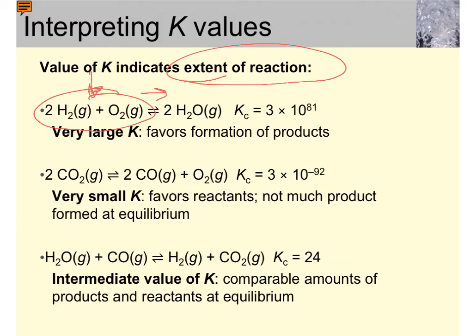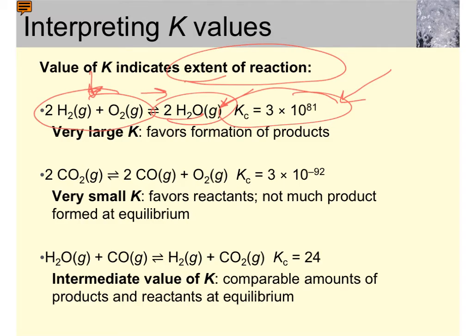That's really important for industrial chemists, right? Because if they're looking to make a certain product, they want to make a lot of that product. They want it to be an efficient reaction. They don't want it to proceed 10% and stop, right? So in industry, you want a very large K value. So here's a ridiculously large one.